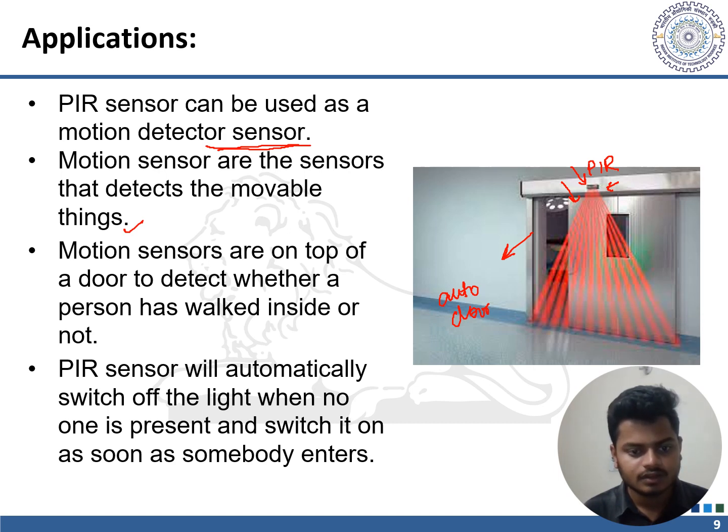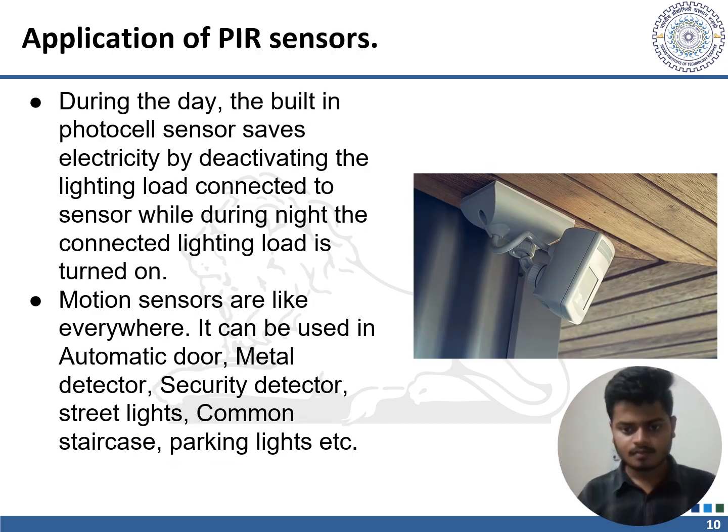PIR sensor will automatically switch off the light when no one is present and switch it on as soon as somebody enters. So PIR sensor are also used in automatic switch off lighting. PIR sensors are also used in street lights to save the electricity, and like during the day, the built-in photocell sensor saves the electricity by deactivating the lighting load connected to the sensor.